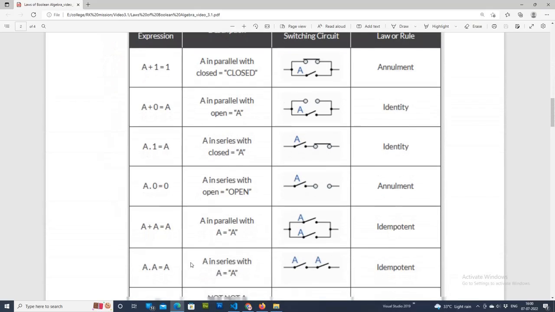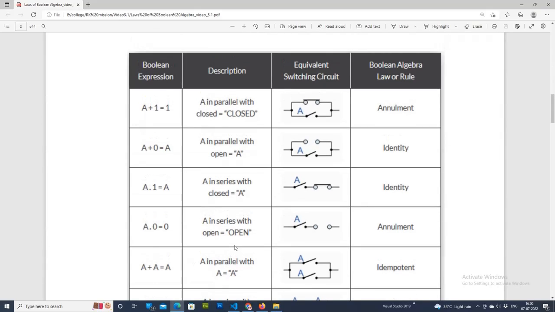So here we have a chart that represents the Boolean expression, description, equivalent switching circuit and Boolean algebra law or rule. Now, A we can consider as an input in Boolean expression 1, so A can be anything, 0 or 1.